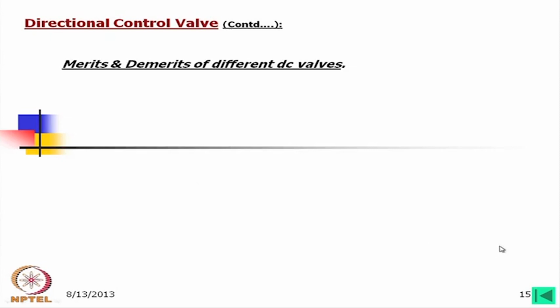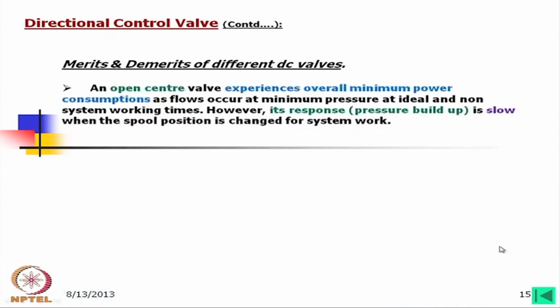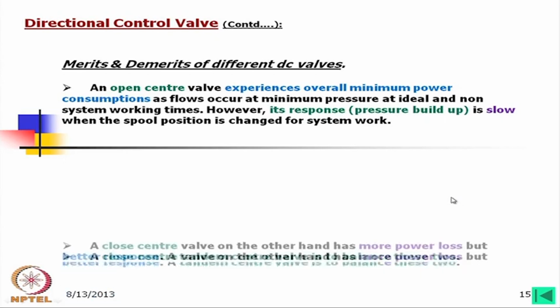Now, merits and demerits of different DC valves. An open center valve experiences overall minimum power consumption, as flow occurs at minimum pressure at idle and non-system working times. However, its response pressure buildup is slow when the spool position is changed for system work.